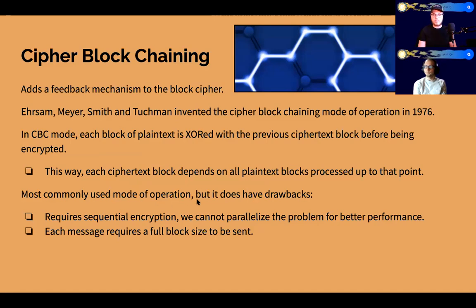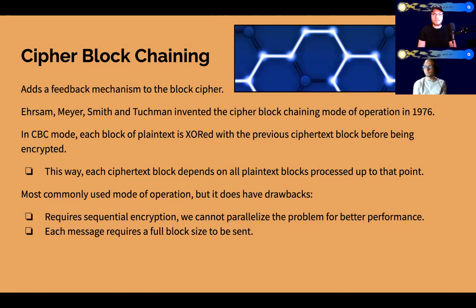This has some drawbacks involved with it. Two of the basic ones: it's sequential. So you have to take your first block of text, encrypt it, and then pass it into your second block, which means you can't create parallelization, which they talk about a lot nowadays. Parallelization is where you can split the same task up into multiple tasks that run at the same time.